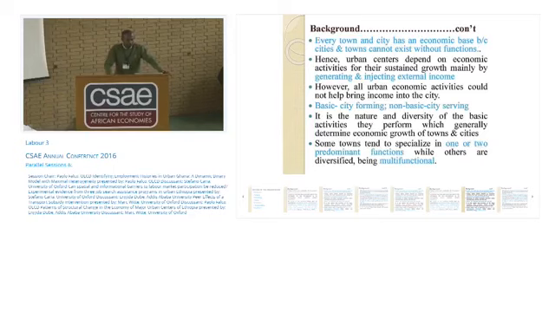Therefore, these functions could be classified into two: the one which brings income into the city, and the one which satisfies the local demand. So a function could be basic and non-basic. Basic functions mean city-forming functions, functions that help inject income from outside into the city so that the city could benefit more.